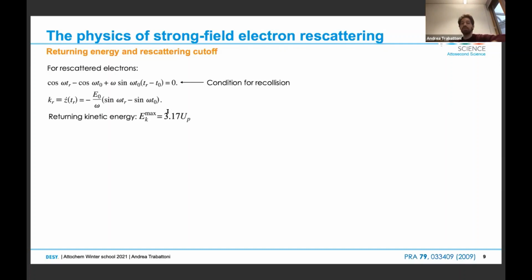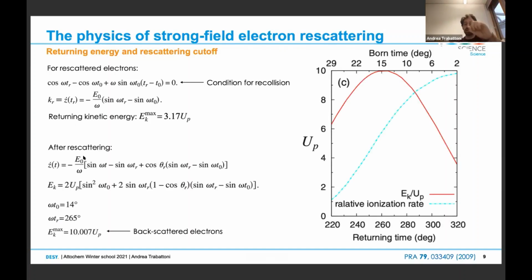Then the electron can be rescattered and further accelerated by the external field as a function of the angle of rescattering. Here you can see the velocity after rescattering, and then you can calculate the average kinetic energy of the electrons after rescattering, and try to maximize this equation.